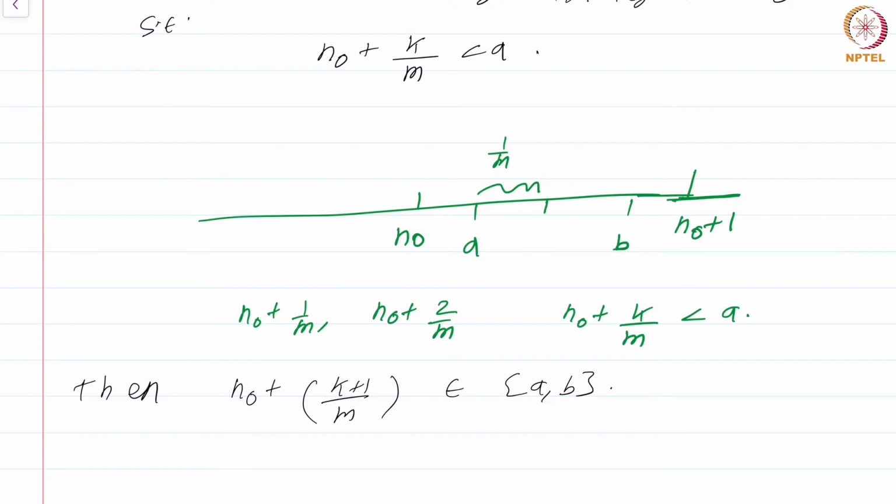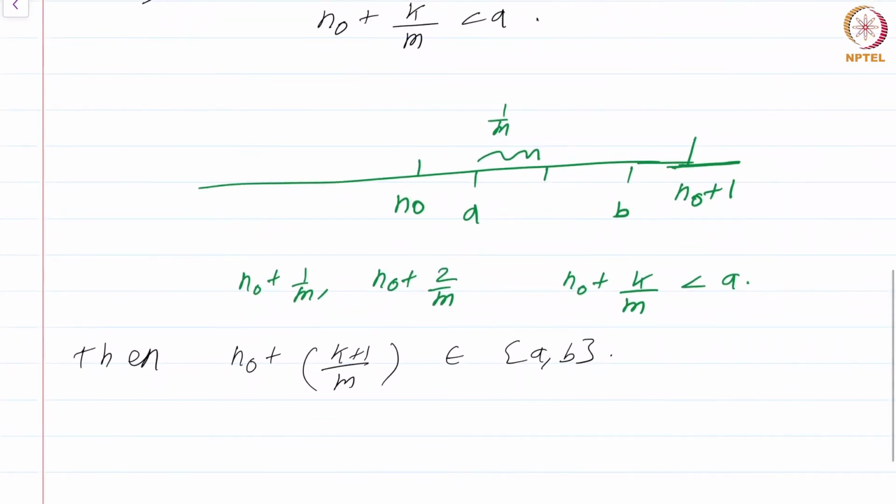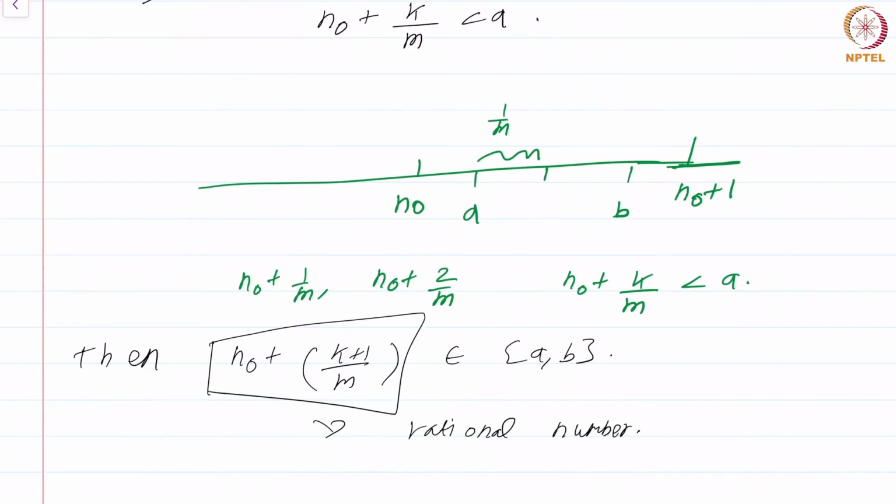So adding something less than (b minus a) by 2 to something less than a cannot exceed b, since the length of the interval is b minus a. Clearly this is a rational number by construction.